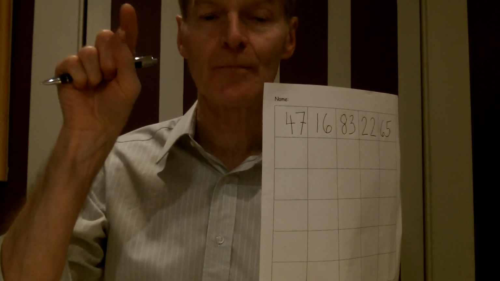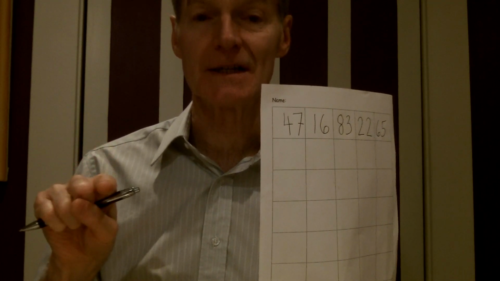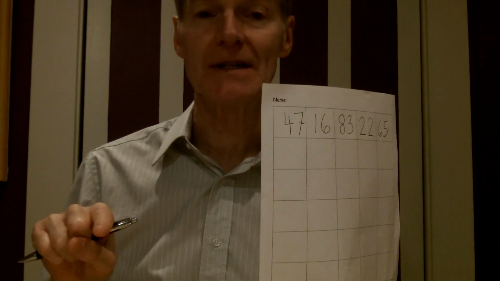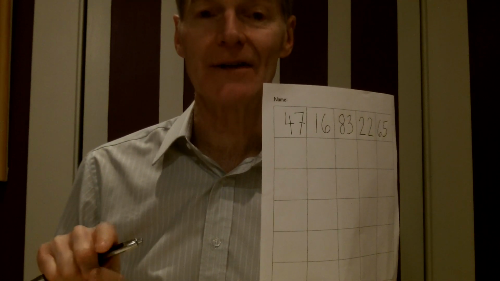So let's point to and count that column right now. 7, 17, count so I can hear you. 27, 37, 47, 57, 67, 77, 87, 97. Good. That's a column. That's the ones that go this way.